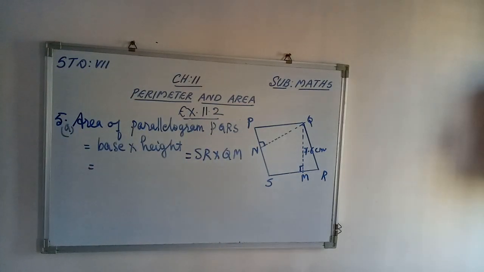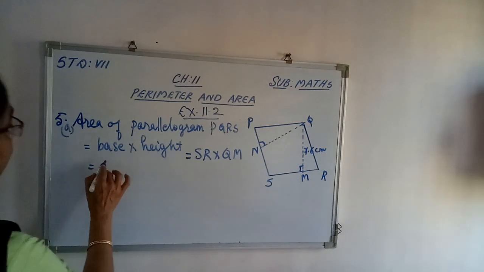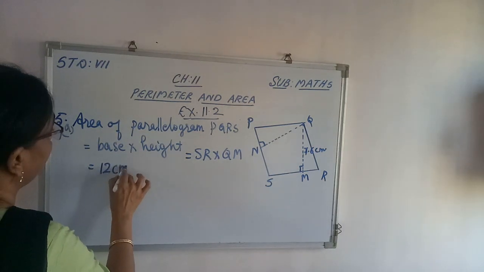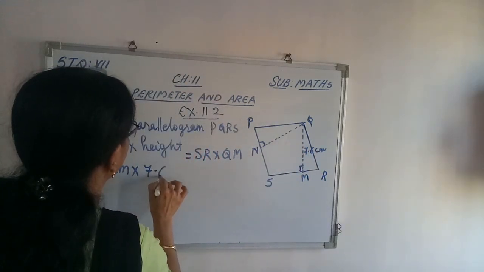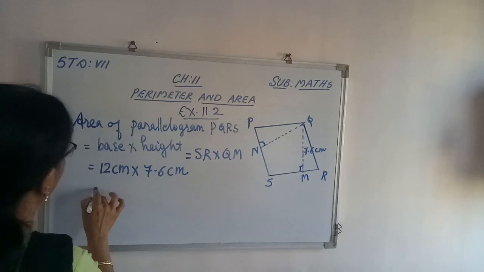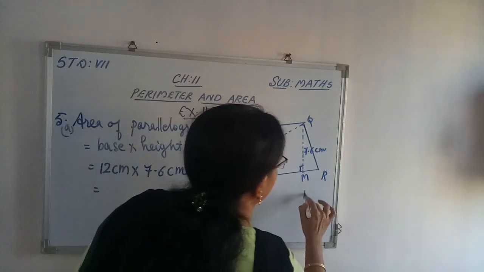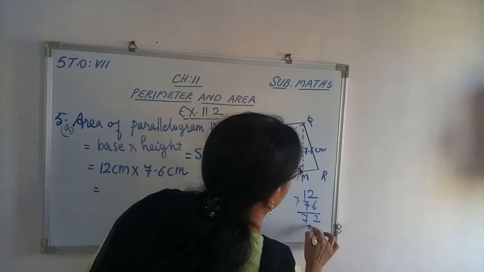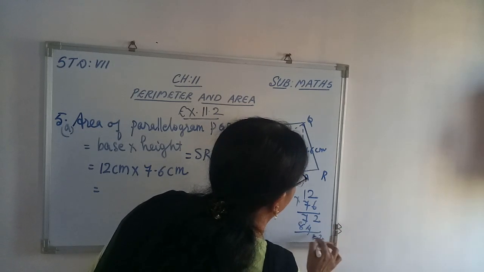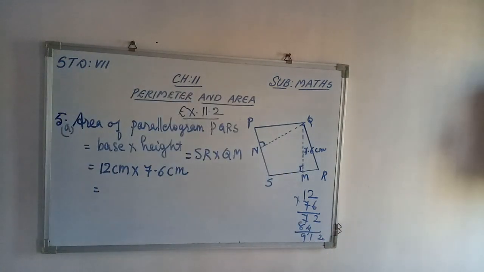What is the value of SR given in the question? It is given as 12 centimeter, multiplied by QM given as 7.6 centimeter. Multiply 12 with 76. The answer you will get is 912. One decimal place you have to remove.